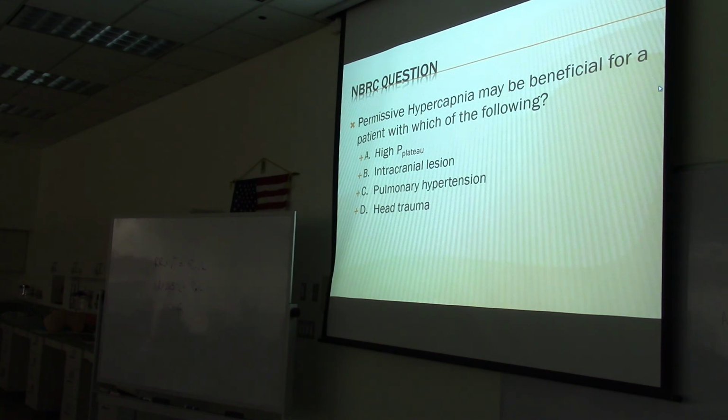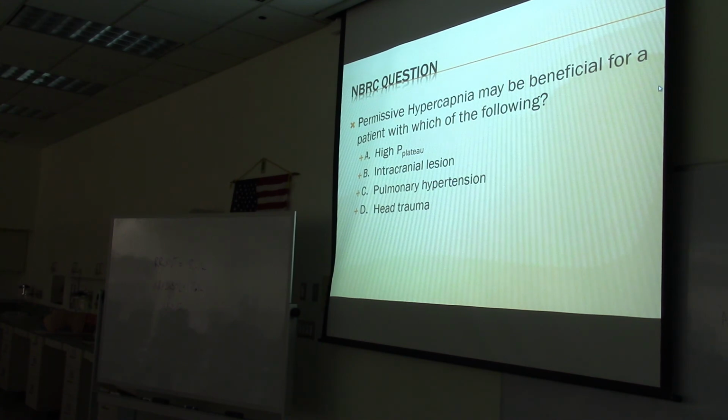So it's not B or D. If you have pulmonary hypertension to begin with, and then you let the CO2s go higher, that makes the pulmonary hypertension worse. So it can't be C. If you have head trauma and you let your CO2s go really high, it's not good for the head. So it can't be D.